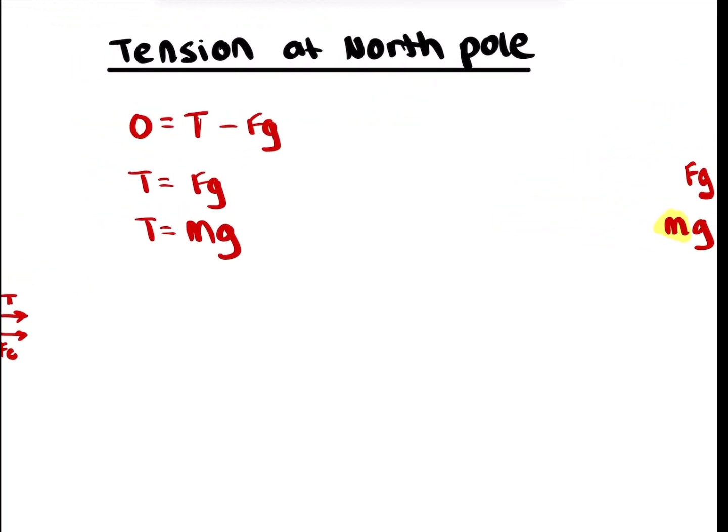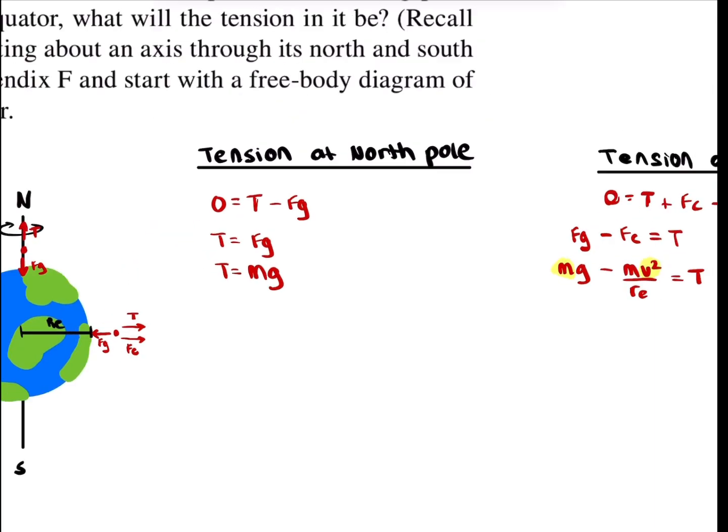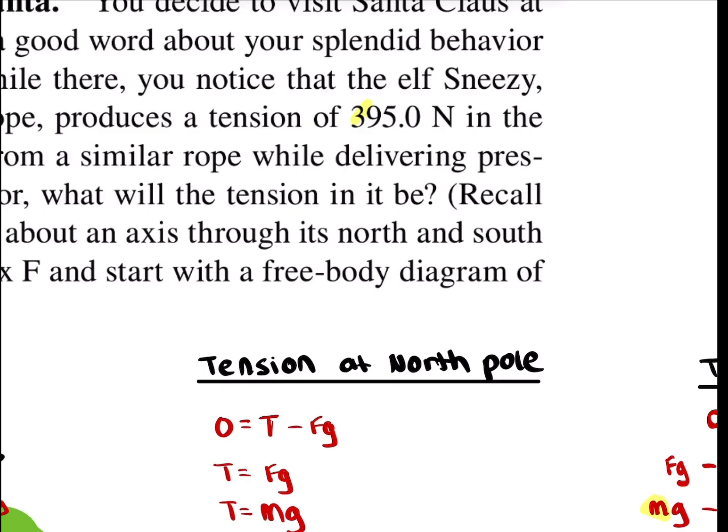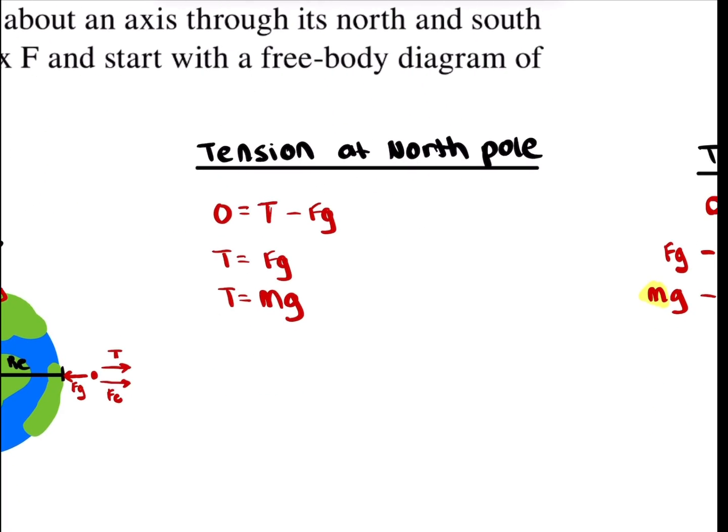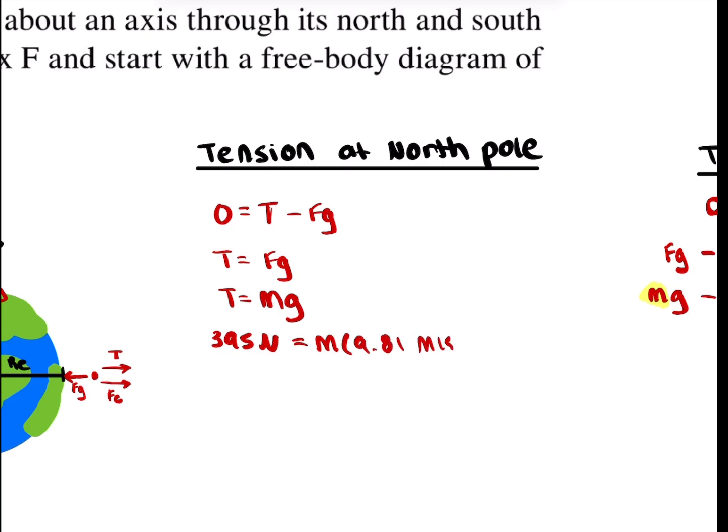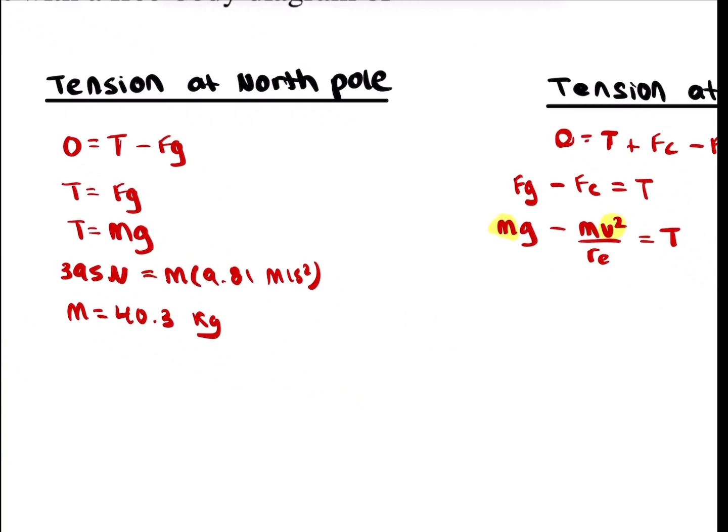The question tells us that the tension at the North Pole is 395 newtons. So here we can plug that in: 395 newtons equals m times 9.81 meters per second squared. Now if I do the division, I get 40.3 kilograms. So that is our mass of the elf.